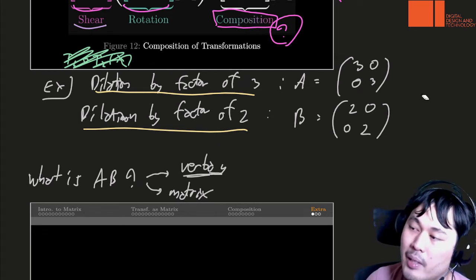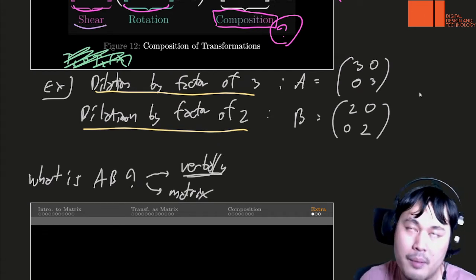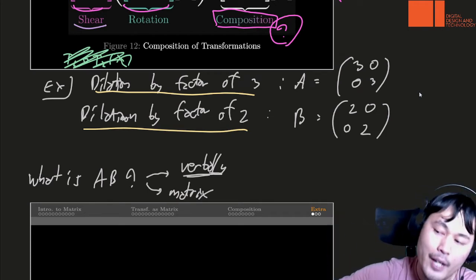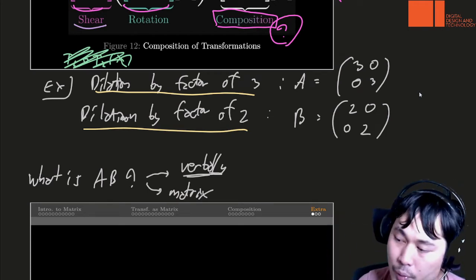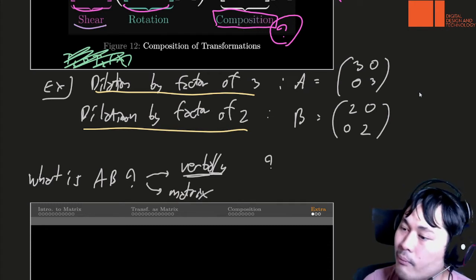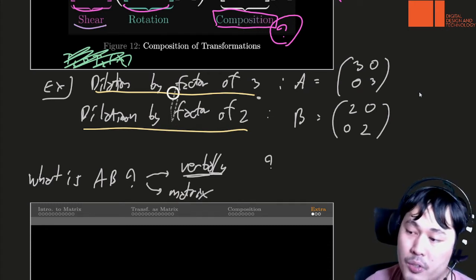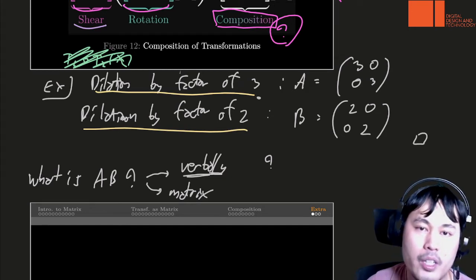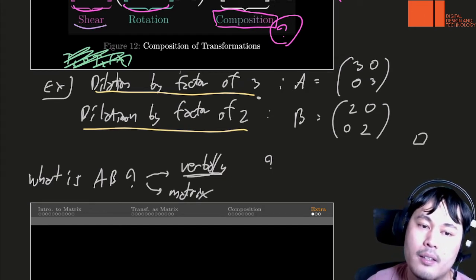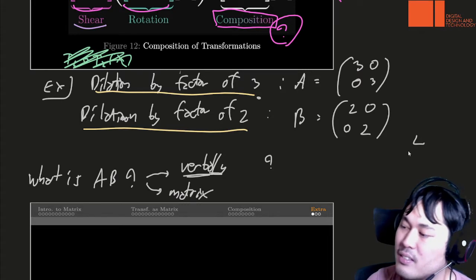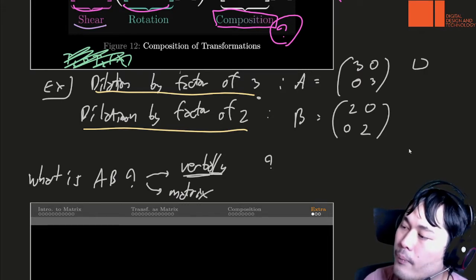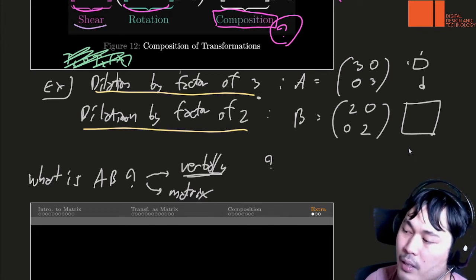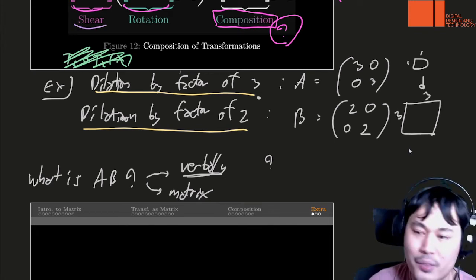Because think about it. If you increase the size of something by a factor of 3, and then increase the size again by a factor of 2, what would the result be? If you imagine doing these two in order, if you have a box of 1 by 1, you make it 3 times larger, then you have a box that has length 3.